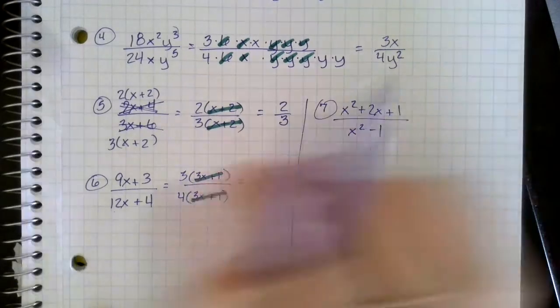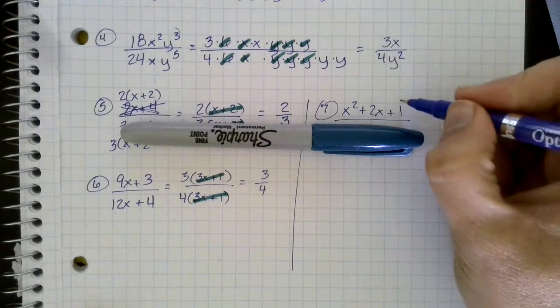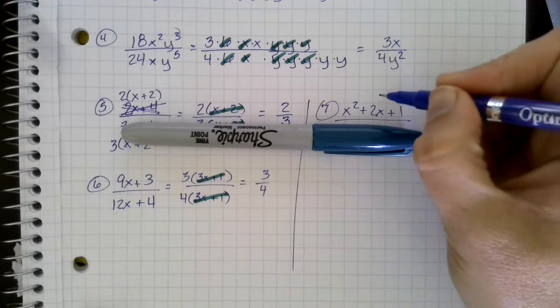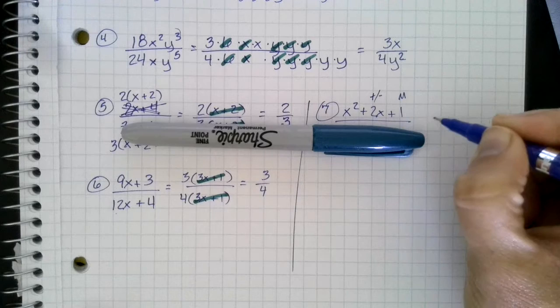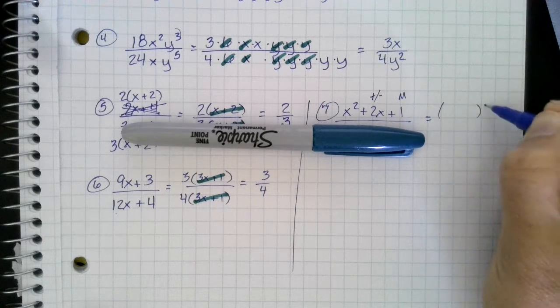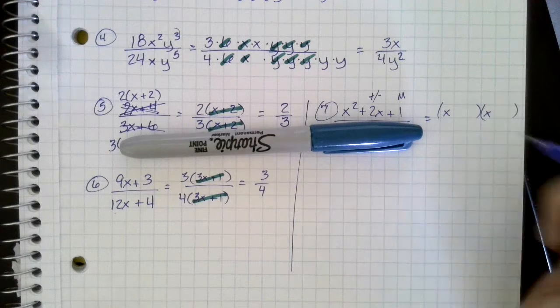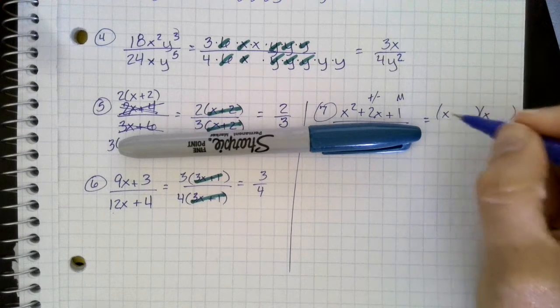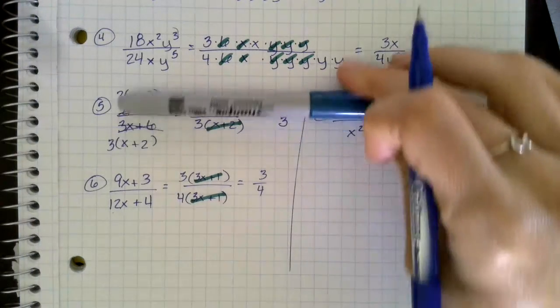So when you're looking at just the top, remember we're looking for something that will multiply to give us this number and add or subtract to give us this middle number. So I know to get x squared, it has to be x and x. Multiplies to give me 1, adds to give me 2. That has to be 1 and 1.